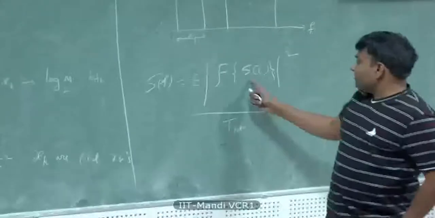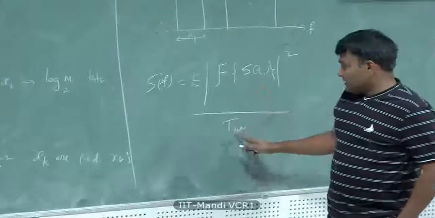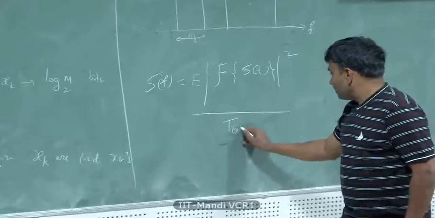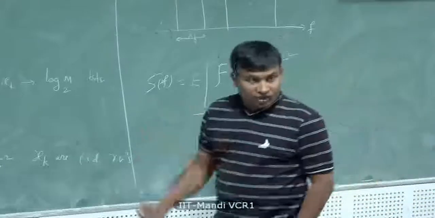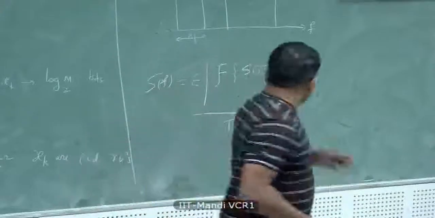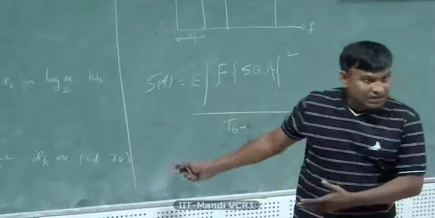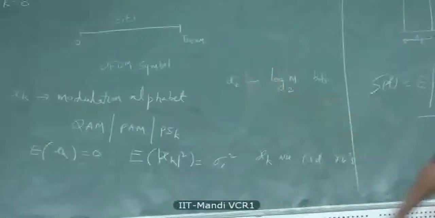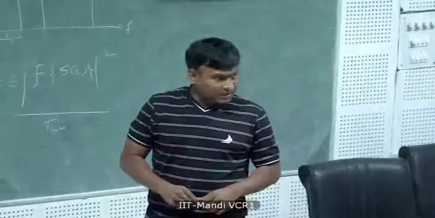Okay, so essentially I will take an S of t which is T seconds long. I will take a Fourier transform, and then I have to take the expectation, that is an ensemble average, but in real life you will take time average and calculate the average power spectral density.